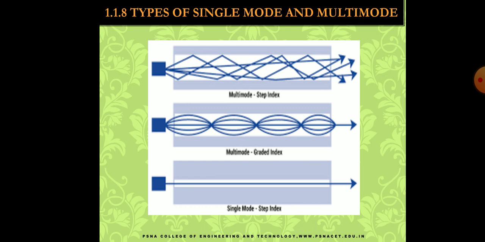So the first diagram indicates the multimode step index fiber, the second diagram the multimode graded index fiber, and the third diagram the single mode step index fiber. These show how the signal travels through the core over the area of propagation.